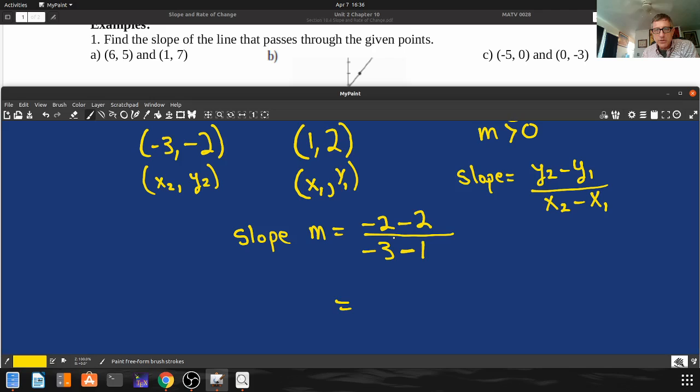So minus 2 minus 2 is minus 4. And minus 3 minus 1 is minus 4. So the slope is minus 4 divided by minus 4, which is equal to 1. Or if you prefer, 1 divided by 1.